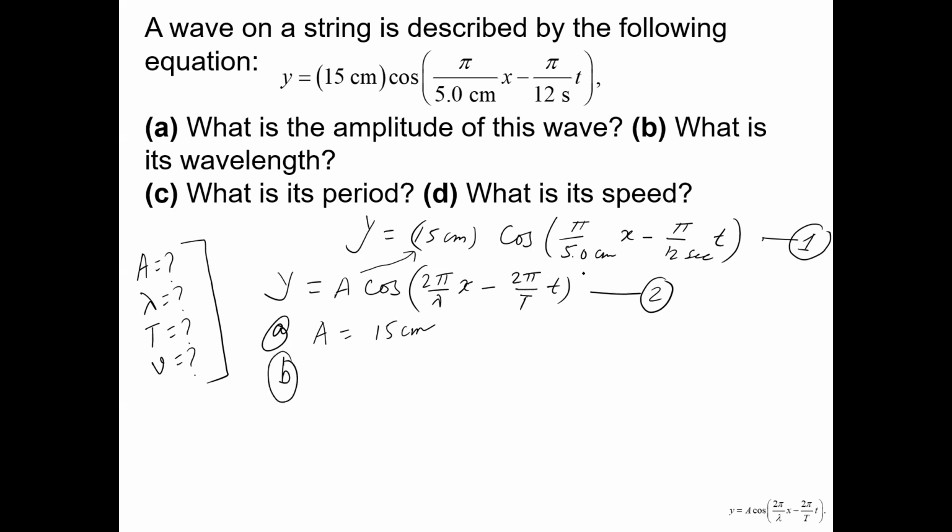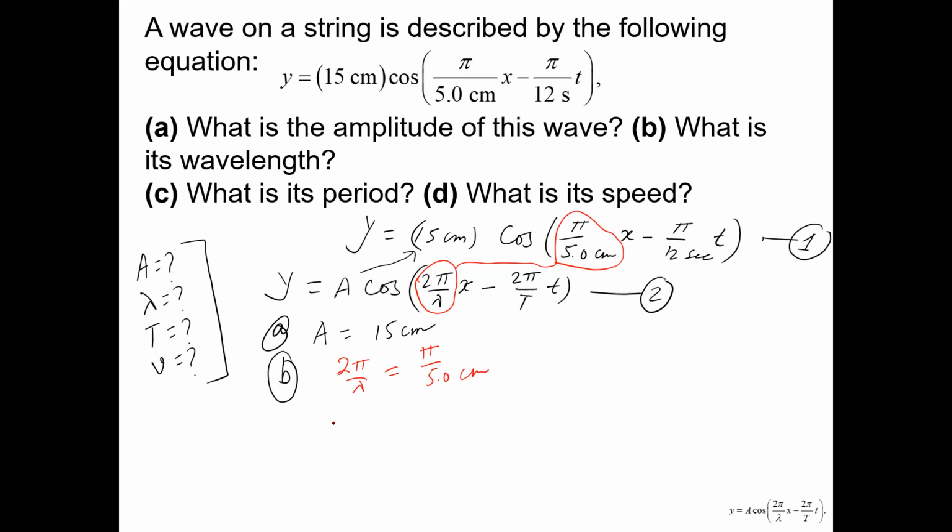If you equate these two equations, this 2 pi divided by lambda in the standard equation corresponds to the given value of pi divided by 5 centimeters. So I can write 2 pi divided by lambda is equal to pi divided by 5.0, in centimeter.